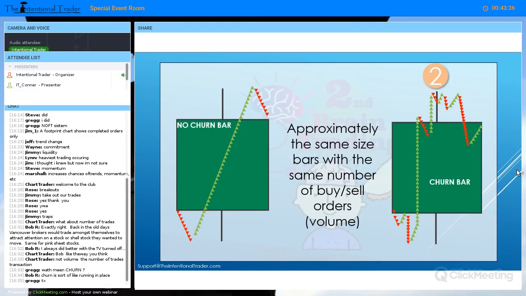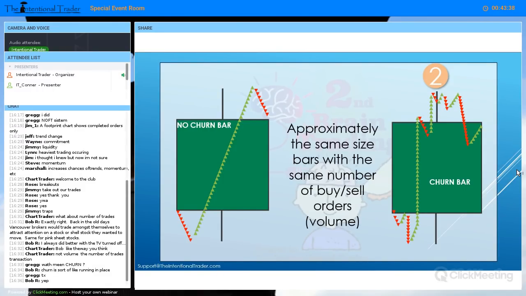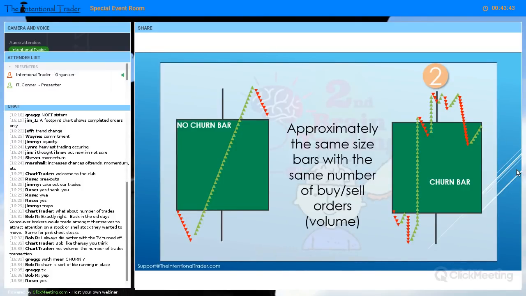So what we're looking at with volume is not just numbers, but how the volume comes in. It's so much more important to know how that volume is coming in rather than just what the volume is.